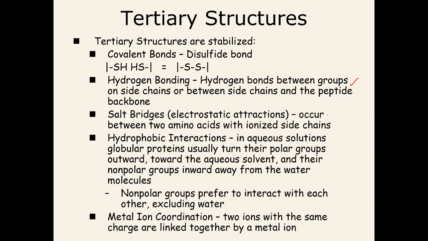You can have what are called salt bridges, which are electrostatic attractions. You can have hydrophobic interactions. And then you can have also covalent bonds, which are disulfide linkages. And then some proteins have actually metals in them, and so you can have metal ion coordination. Now, let me show you each of these in the following picture.